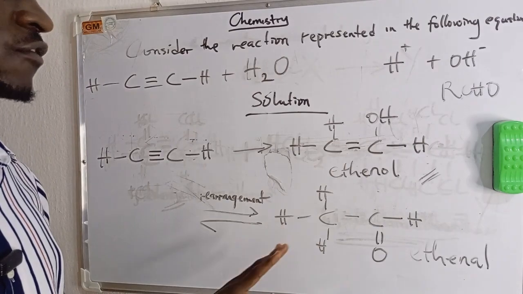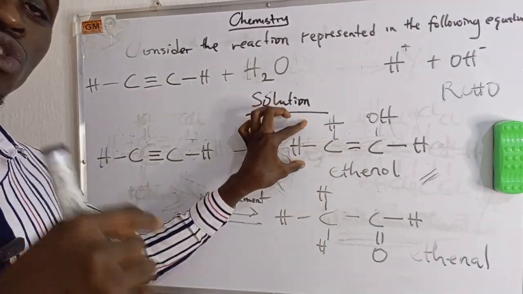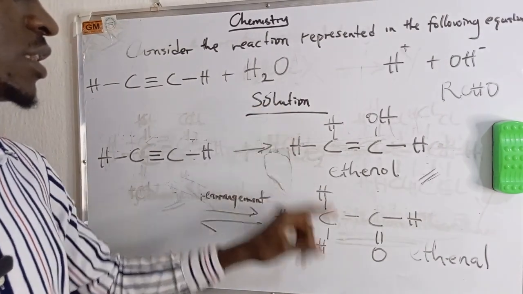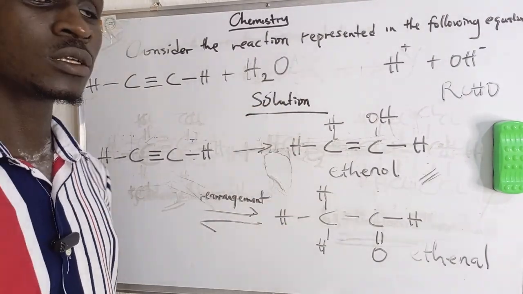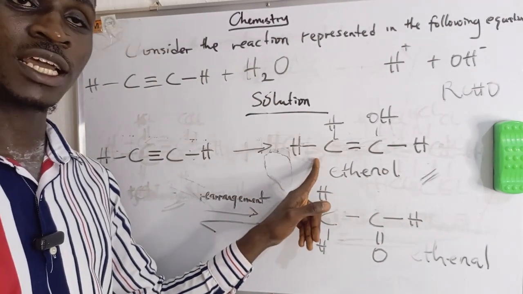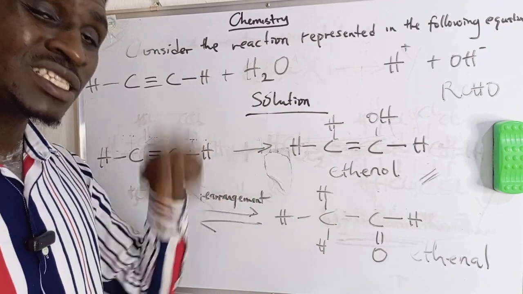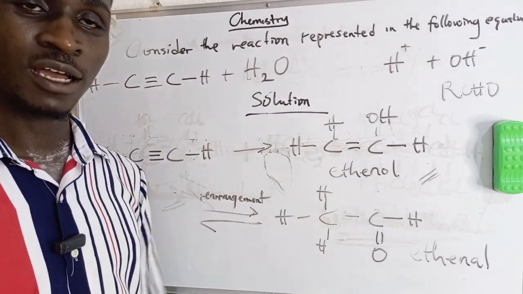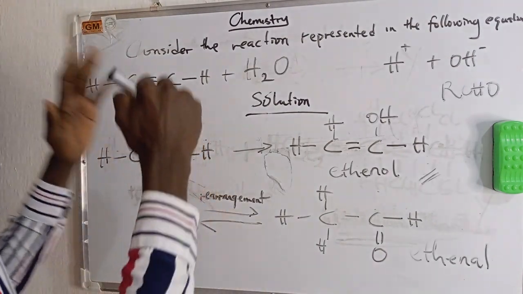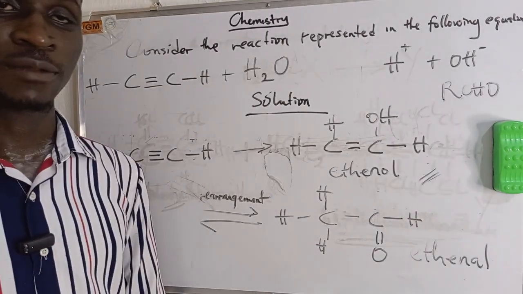This is different because this will be formed in the same system. This is also going to be formed in the same system. Then this is assumed to be more stable than this. However, this is the main product that is formed. So ethenol will be in equilibrium in the same system with ethanal. So generally, this is the addition reaction of ethyne.